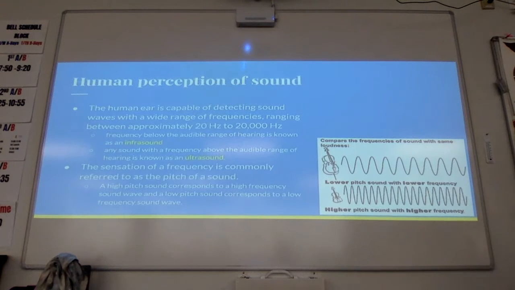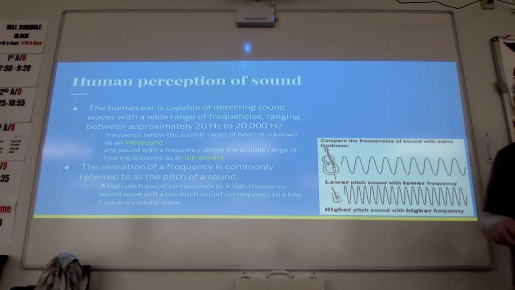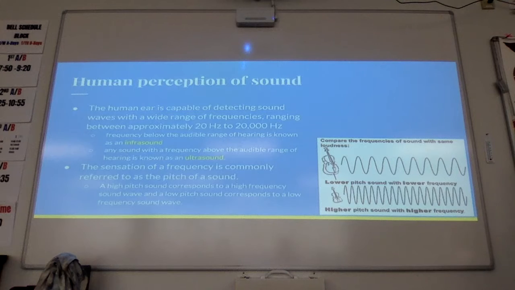As an example, this is a high pitch. It has a high frequency. When I tap the A, it vibrates faster, more vibrations per second, than, say, a low A. Okay? So we can hear all of these, right?